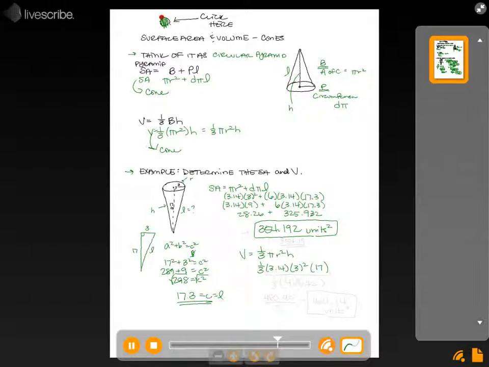Now we're going to use that same shortcut we did for pyramids. We're going to multiply all this together first. 3 squared is 9, so 9 times 3.14 times 17. We get 480.42 times 1/3. Now we're just going to divide 480.42 by 3.